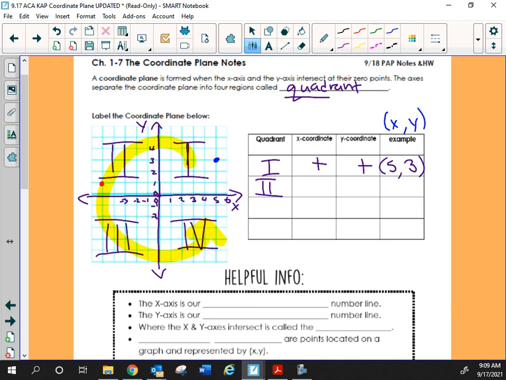Let's count. 1, 2, 3, 4, 5. It's going to be negative 5, comma, I'm going up, so it's going to be positive 1. We good with that? So we notice that all my x-coordinates in that group are going to be negative, and all my y's are going to be positive.